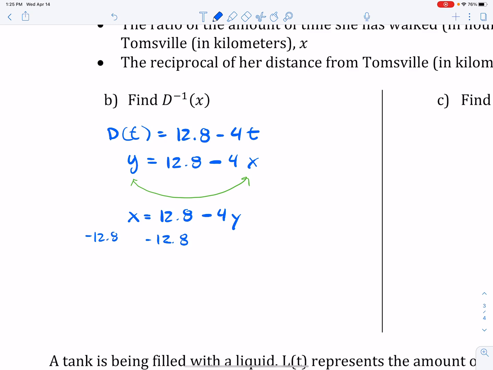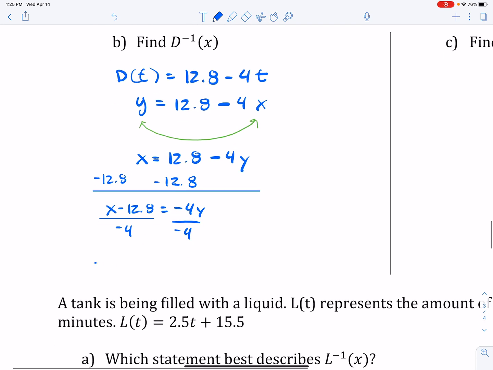We're going to have x minus 12.8 equals negative 4y. Divide by negative 4 on both sides. We will then have y equals x minus 12.8 all over negative 4.